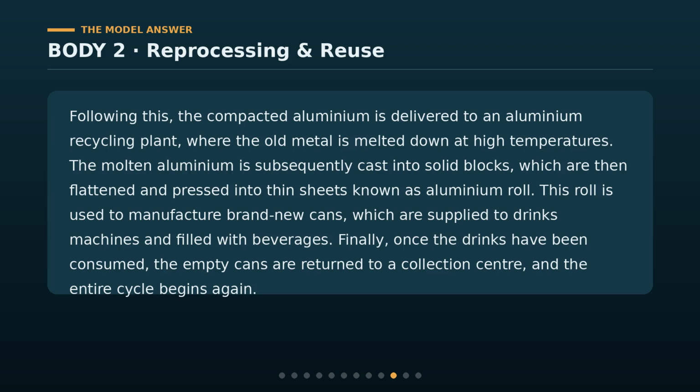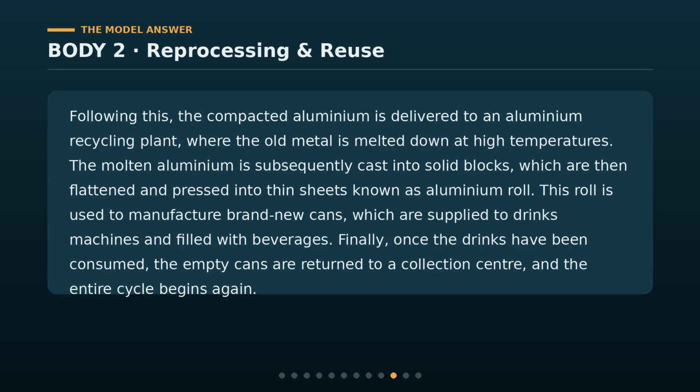Body paragraph 2 describes reprocessing and reuse. Following this, the compacted aluminium is delivered to an aluminium recycling plant, where the old metal is melted down at high temperatures. The molten aluminium is subsequently cast into solid blocks, which are then flattened and pressed into thin sheets known as aluminium roll.